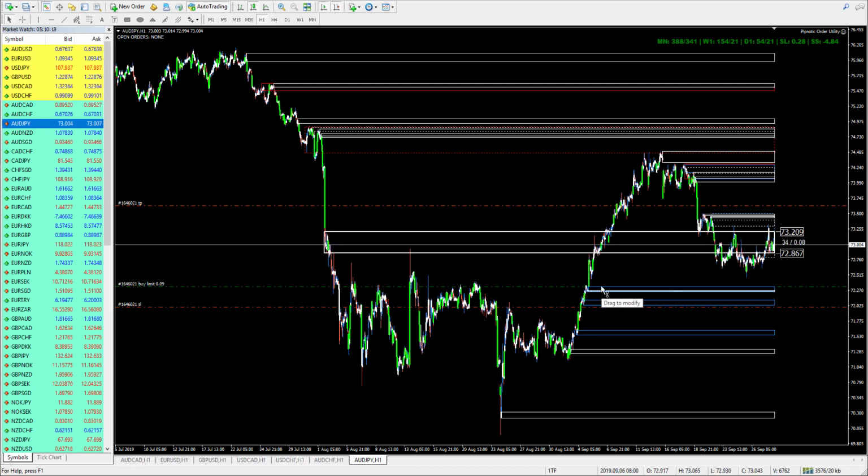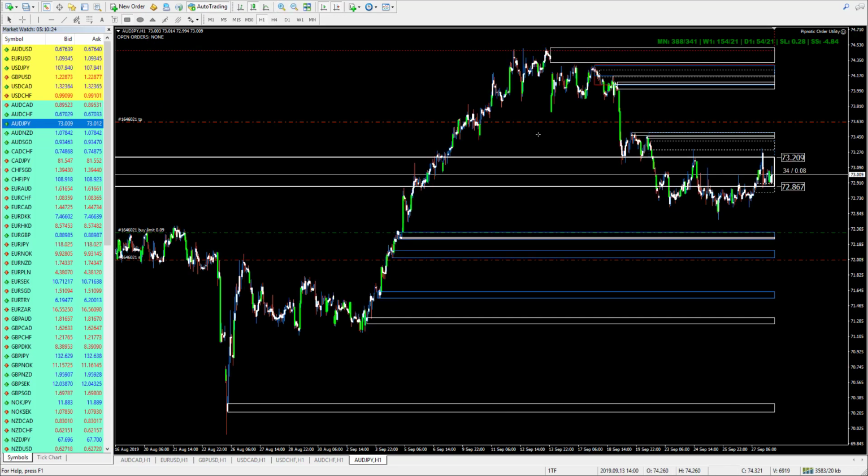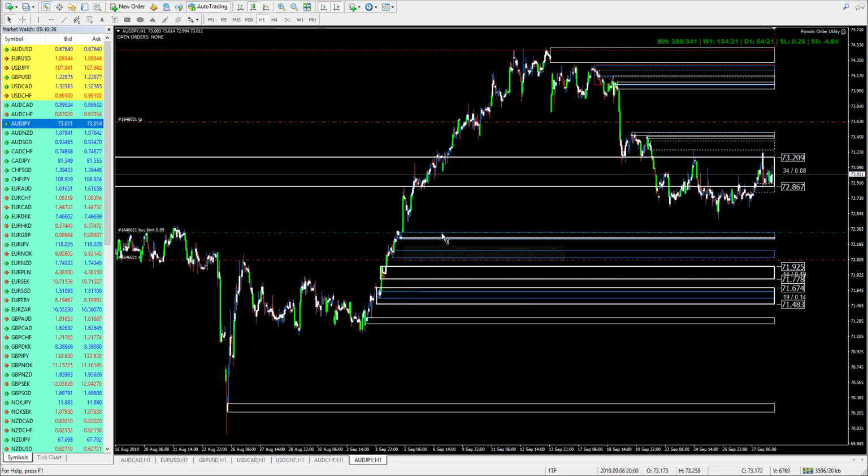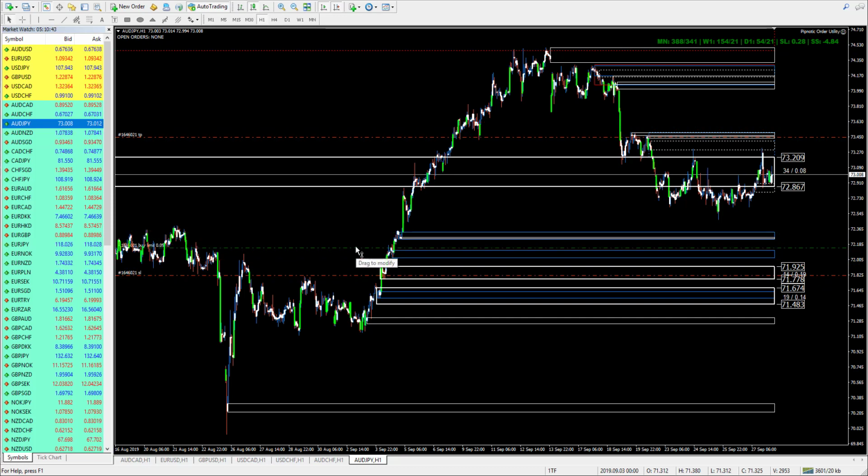Like that-ish. We've got a stop on the other side of this one. There are a couple of nice areas just below price here. If we zoom in slightly, you can see we have this one, and I like this one as well. This is a nice one. We have this one. Or I'm going to go like this, like that.